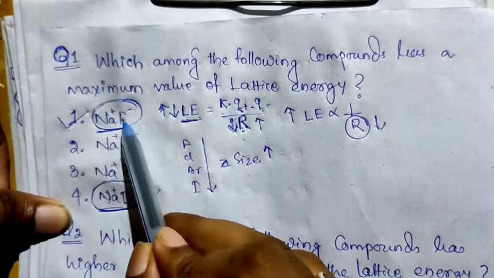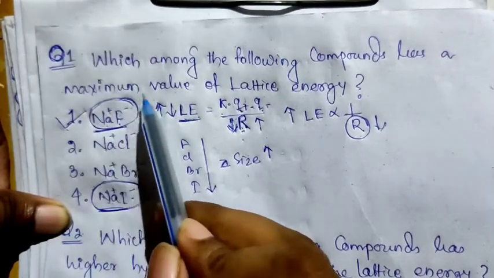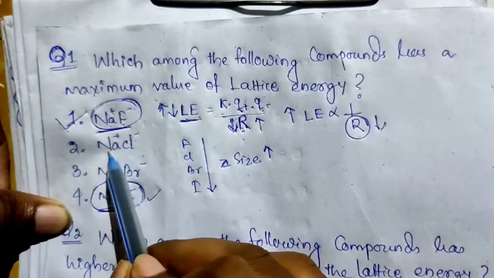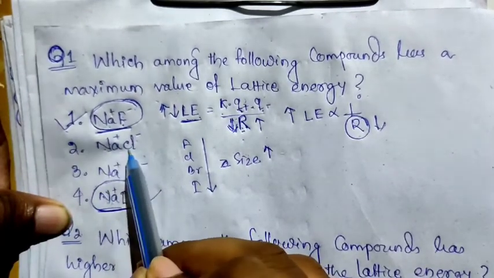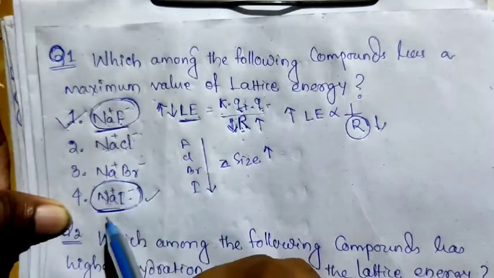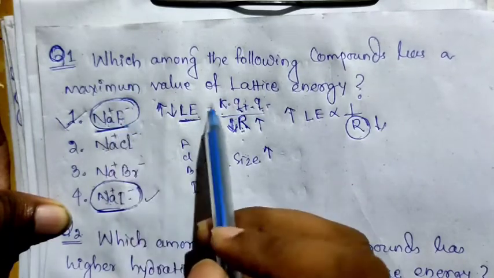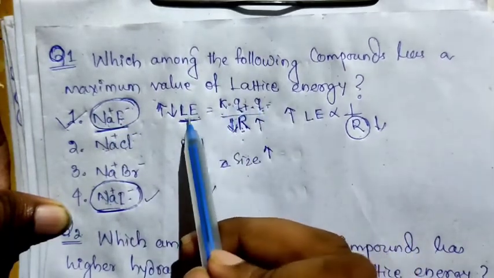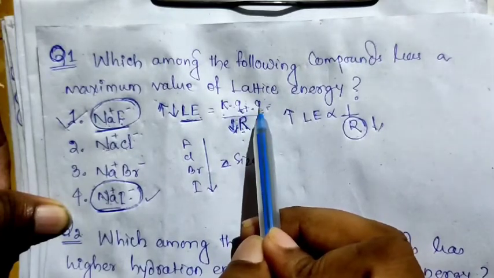In sodium fluoride, sodium has one positive charge and fluorine has one negative charge. In sodium chloride, sodium has one positive charge and chlorine has one negative charge. Similarly, all four species have the same number of positive and negative charges. So the first factor, that is the charge on cation and anion, is neglected.